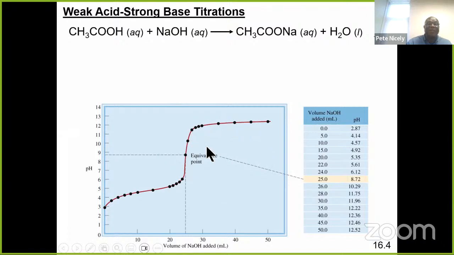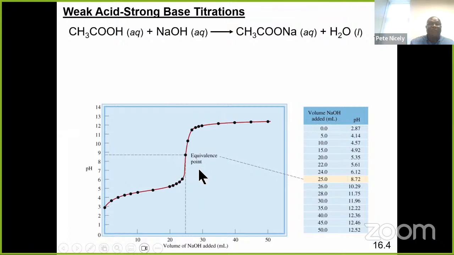Now, the thing about the equivalence point in this case is that unlike in the titration of a strong acid and strong base, where the pH at the equivalence point is 7, in this case the pH at the equivalence point will be greater than 7, all right? There's a reason for that, which we will get into shortly. But basically, at the equivalence point, the solution will be basic.